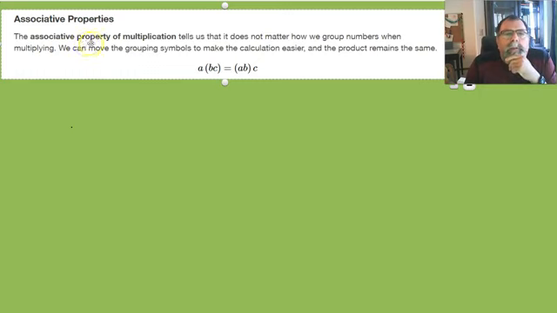Alright, the associative property of multiplication tells us that it doesn't matter how we group numbers when multiplying. We can move the grouping symbols to make calculation easier, and the product remains the same. So let's look at an example. Let's say I did something like 2 times 3 times 4.